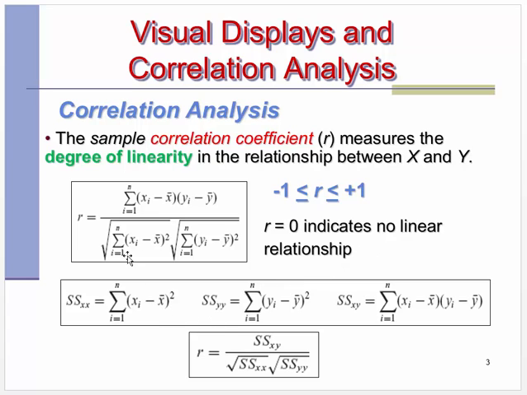And we can actually rewrite this equation using sums of squares. SSxx is the sum of xi minus x bar squared, SSyy is the sum of yi minus y bar squared, and SSxy equals the sum of xi minus x bar times yi minus y bar. Then the correlation coefficient equals SSxy over the square root of SSxx times the square root of SSyy.